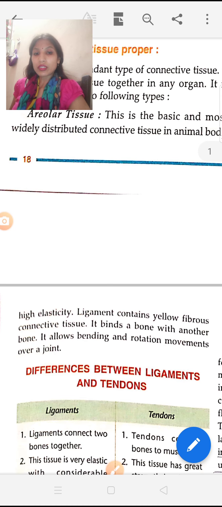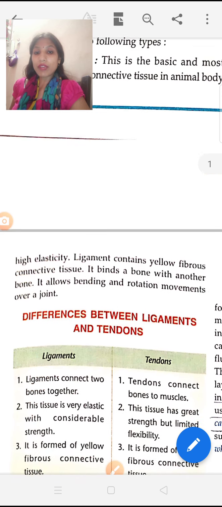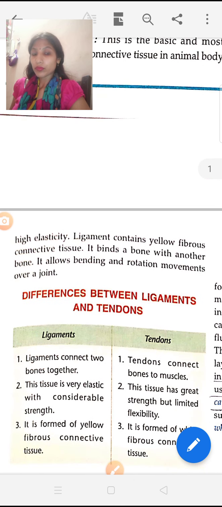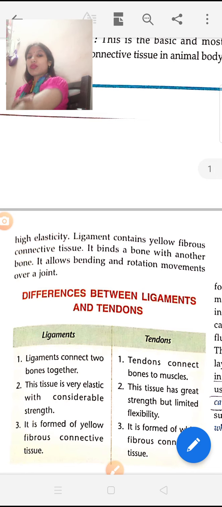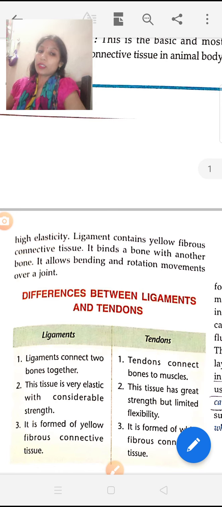The ligament contains yellow fibers connective tissue and it binds bone to bone, right? It connects the bone to another bone and it also allows the bending like this and the rotation movement over a joint.